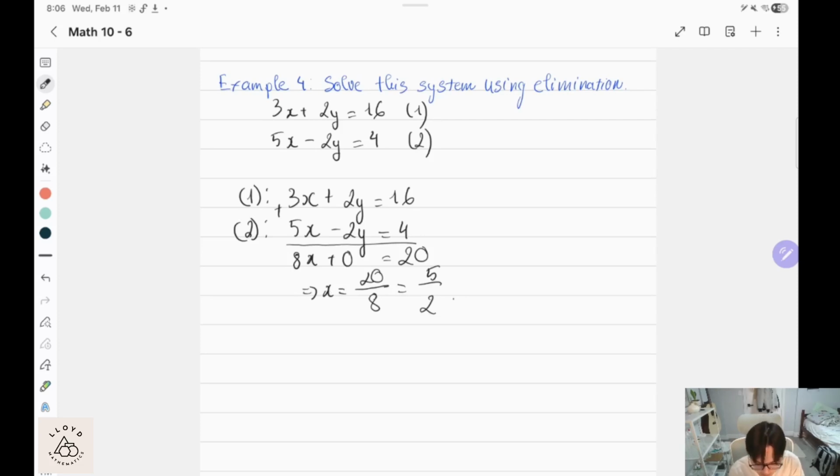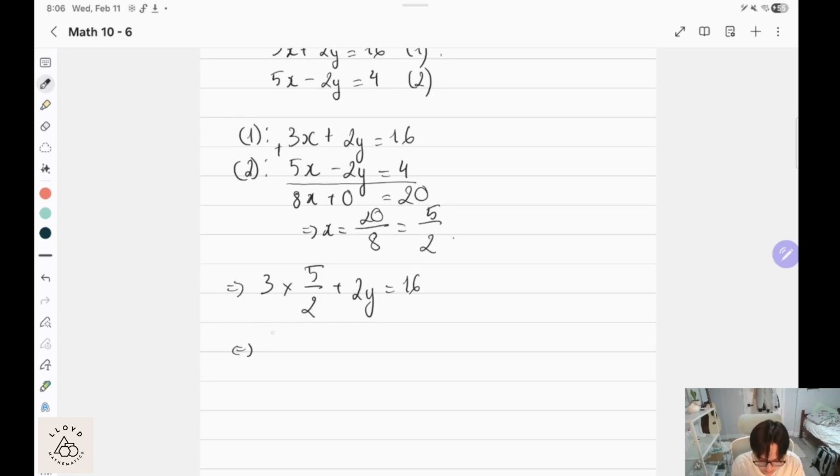So we can substitute into the first or second equation to calculate y. For example, I choose the first. So therefore I got 3 multiplied by 5 over 2 plus 2y equal to 16.